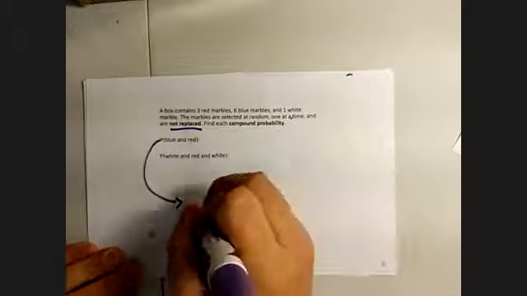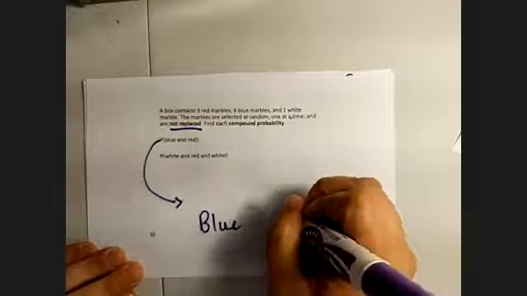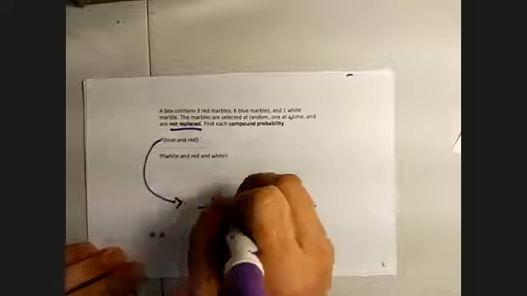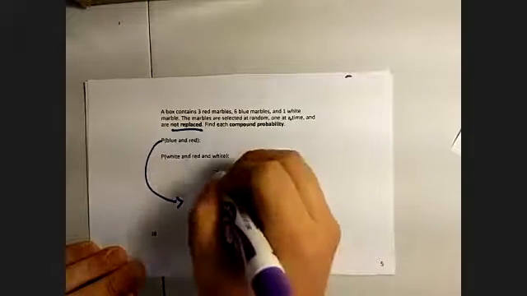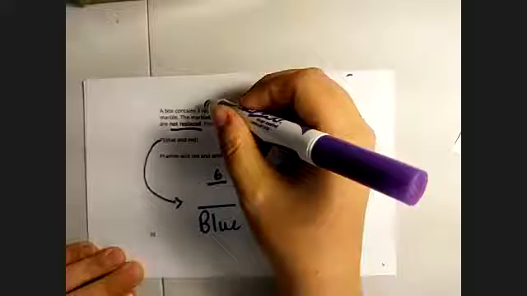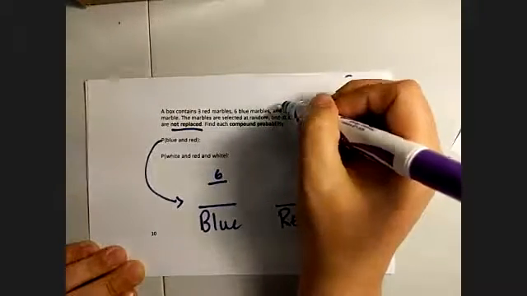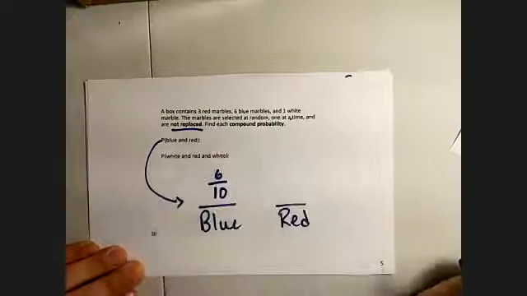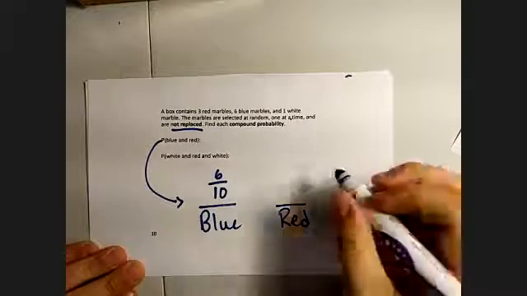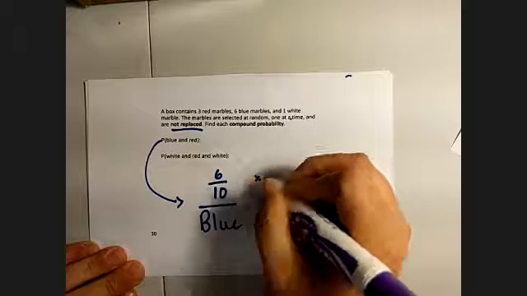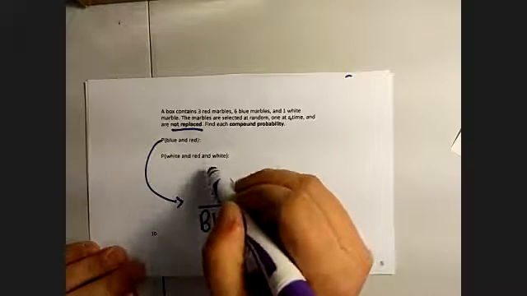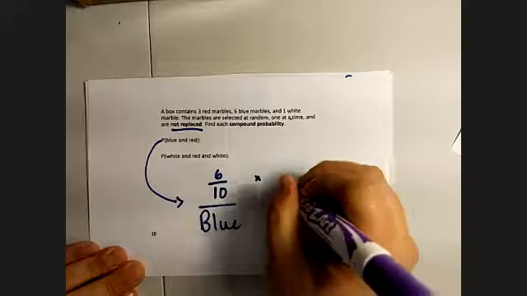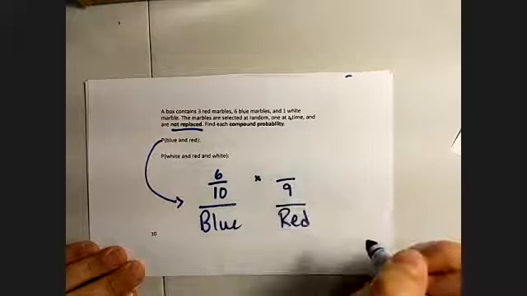Okay, so if I want a blue and I want a red, what I know here is, if I'm supposed to do blue first, there's 6 blue out of 3, and 6 is 9, and 1 is 10. So 6/10 of the time, we'd have a chance of getting a blue. Now the red, if it's not replaced, if I've taken a marble out, that means now there's only 9 options.